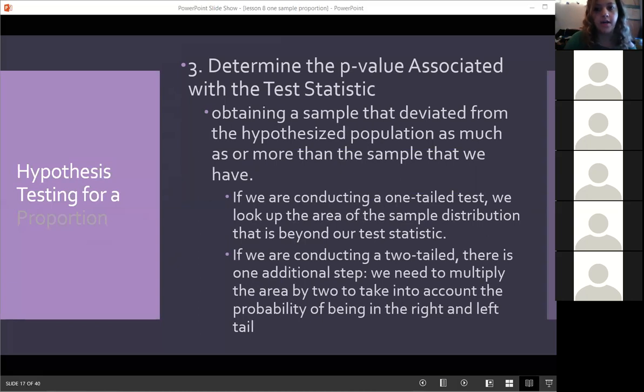Remember, if we draw that out, one-tailed, we're looking at one of the tails. If we have greater than, our p-value will be there. If we're looking at less than, our p-value will be this shaded area. And then if we're talking about two-tailed, remember, you do have to make sure you multiply whatever you get by 2, because we're looking at both sides. That's the shaded area there.